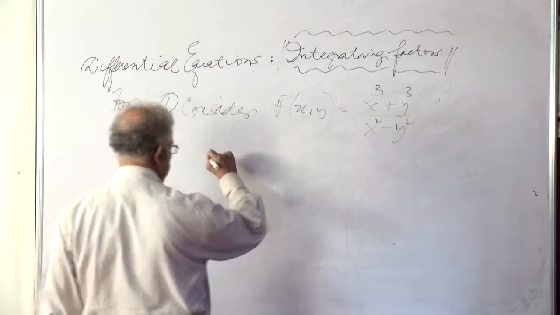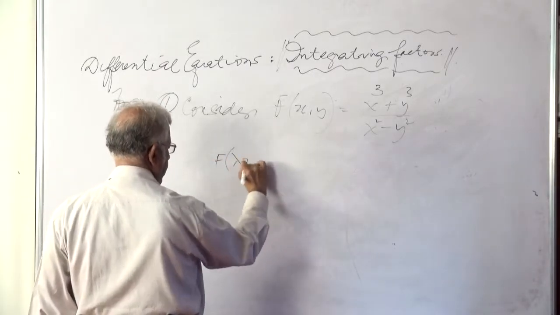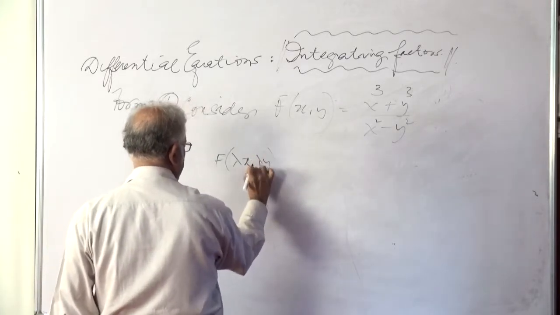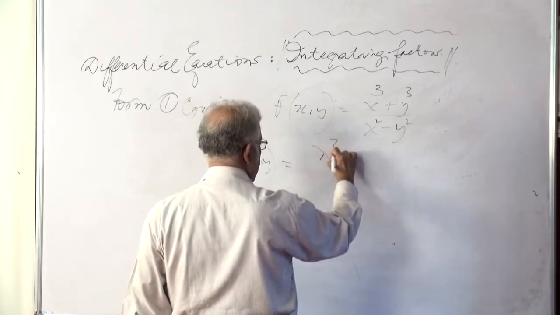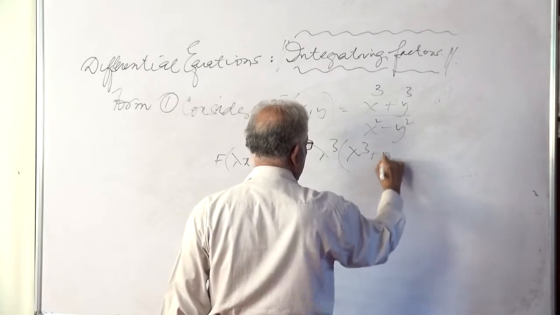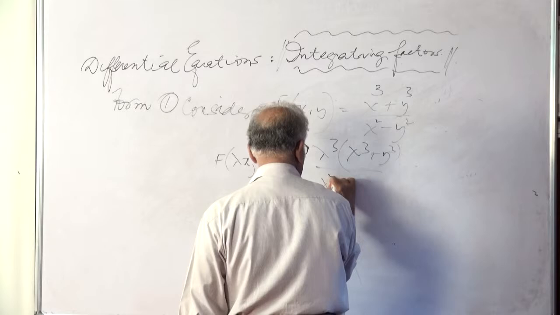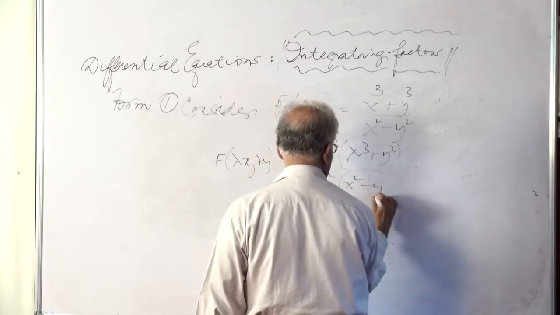Then f of lambda x, lambda y is lambda cubed times x cubed plus y cubed, over lambda squared times x squared minus y squared.